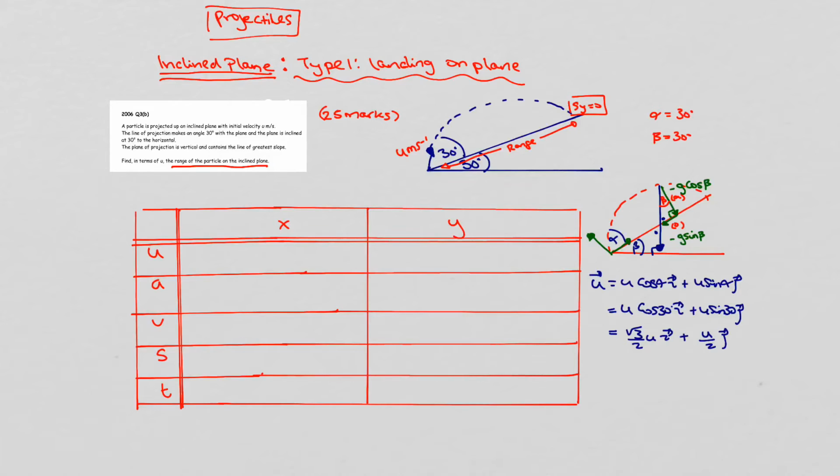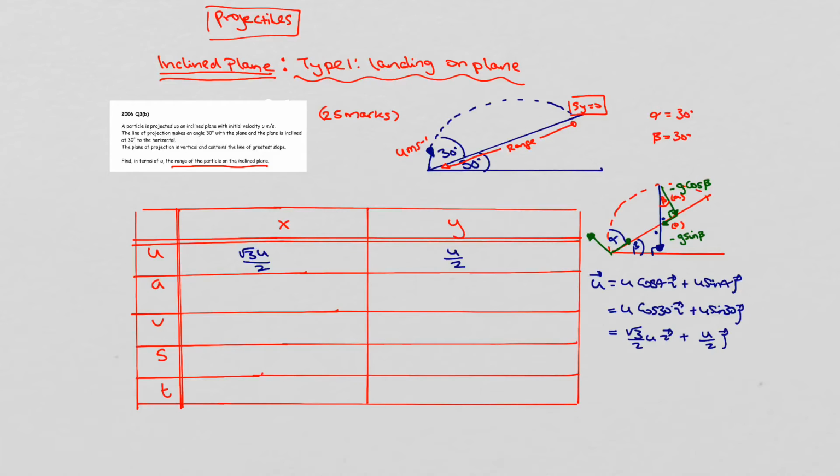So therefore, our initial velocity in the x direction is going to be root 3u over 2, and in the y direction it'll be u over 2. And of course then if we're looking at our resolved gravity there, we saw that we had minus g sine beta. Well, sine 30 is going to be the same again.